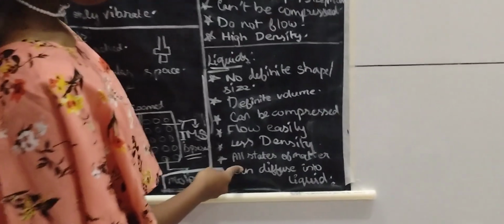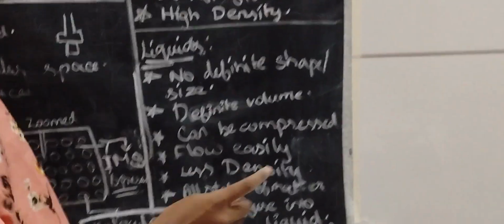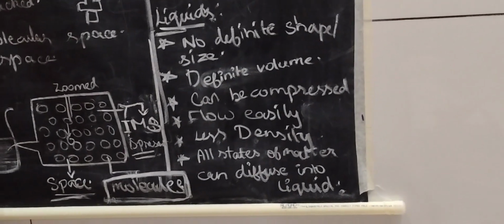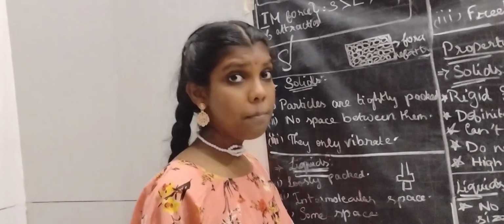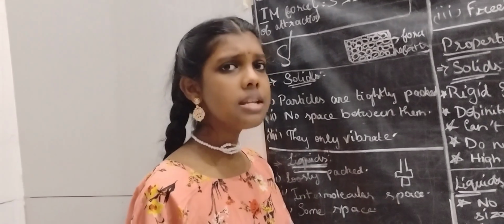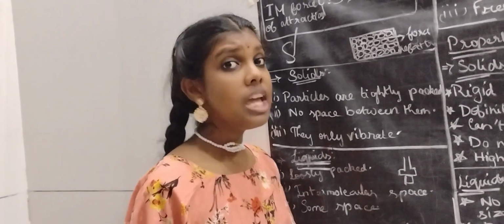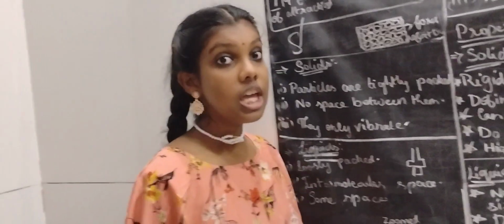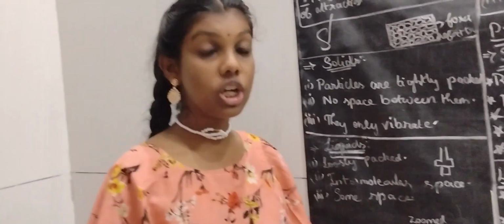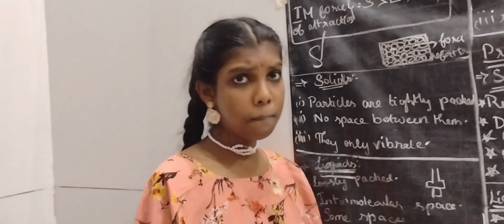Okay, the next property is that it is less dense. It has less density because it is not tightly packed and it can be compressed. If it can be compressed, then it should be less dense, right? If it had more density, how could we put pressure on it? If you put pressure on a solid, it will hurt.